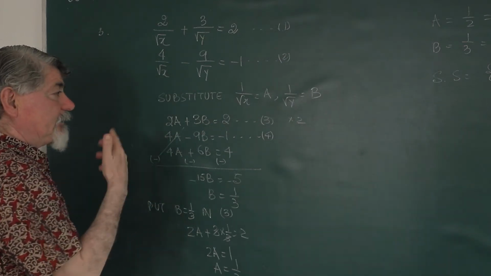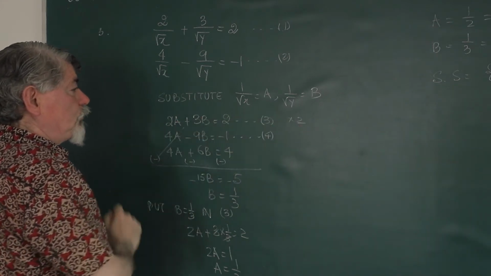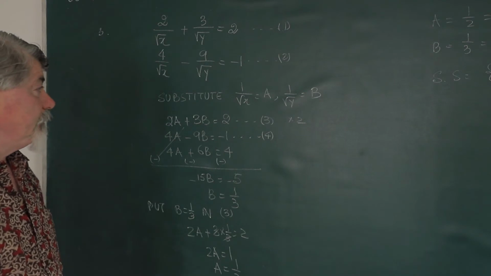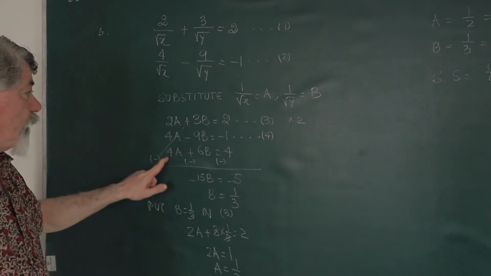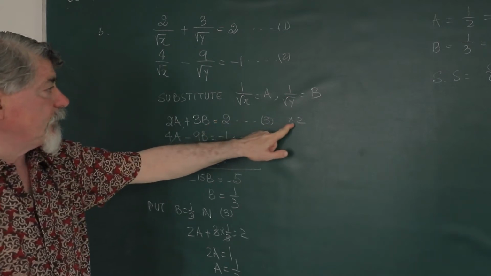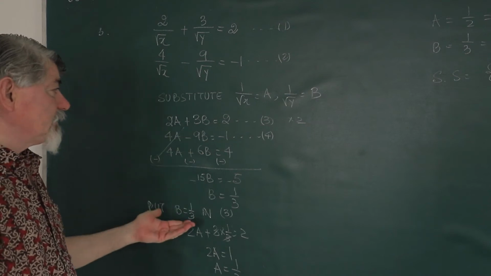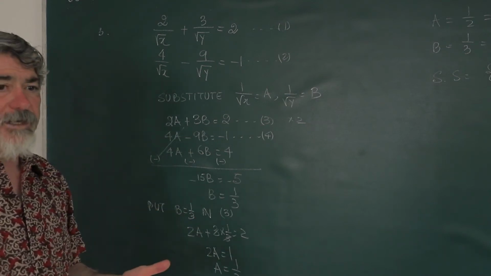I will make the a terms equal by multiplying equation 3 by 2. If I multiply equation 3 by 2, I get 2 2s are 4a, 2 into 3 is 6b, 2 2s are 4, because I have multiplied the whole equation by 2. And then I subtract, because I have to eliminate.